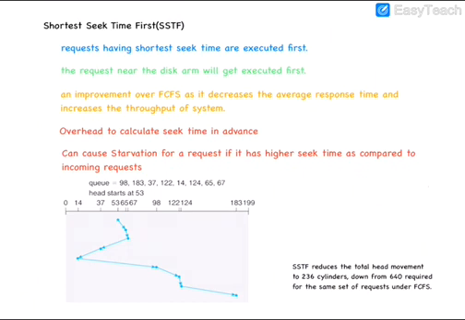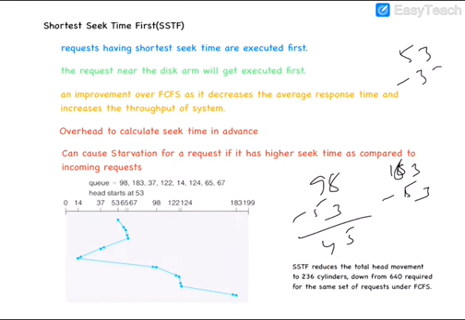So the seek time, 98 minus 53, that is 45. Then 183 minus 53, 53 minus 37, like that we have to find the shortest seek times.